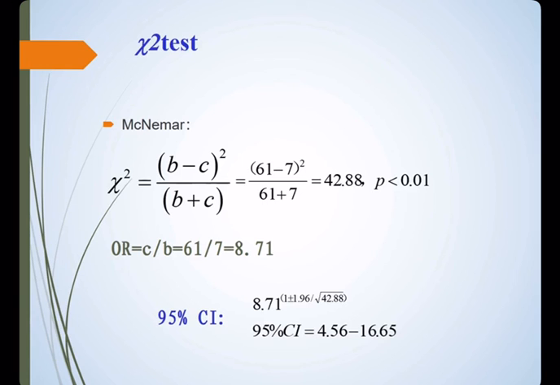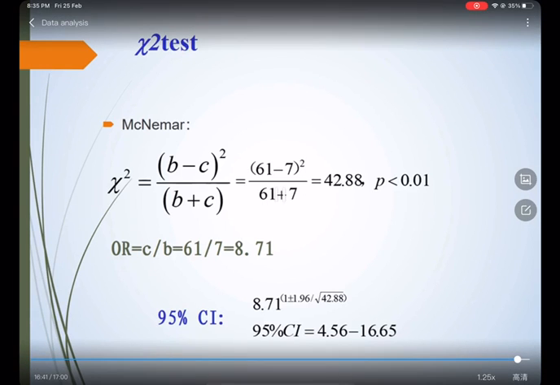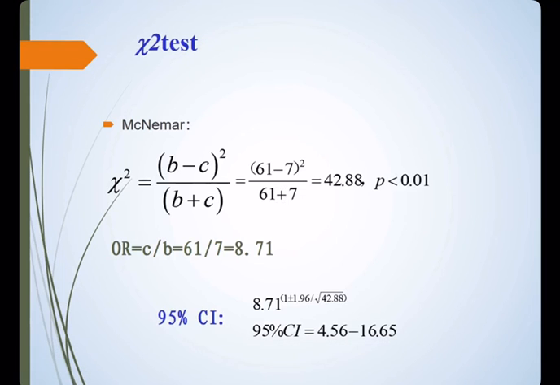When we calculate the odds ratio, it is calculated as C divided by B, which results in an odds ratio of 8.7. We then also estimate the confidence interval for this odds ratio.